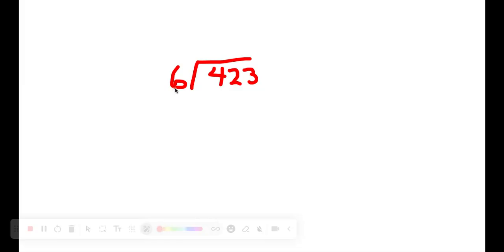Now ask myself, how many groups of 6 can I get out of 42? Well, if I knew my multiplication facts, I could just say my 6 timetables. I could say 6 times 1 is 6, 6 times 2 is 12, and I can keep going until I get close to 42 without going over.